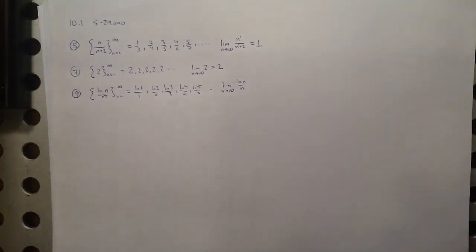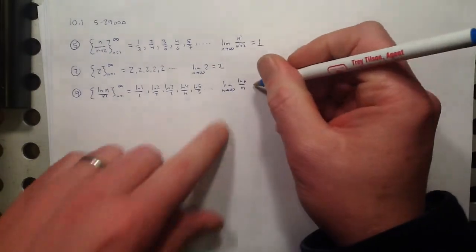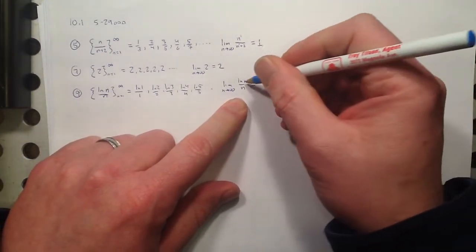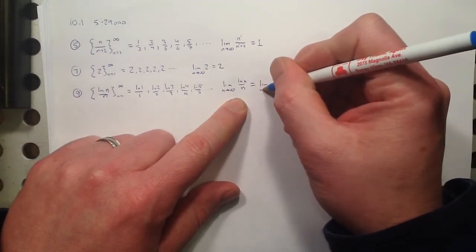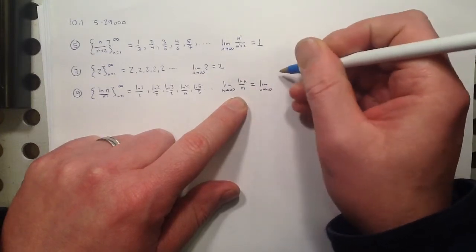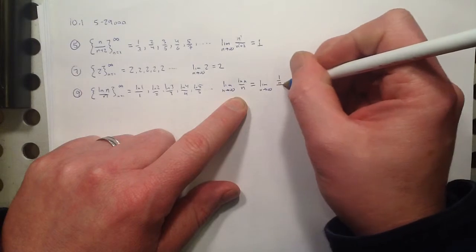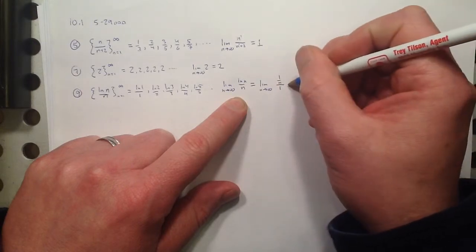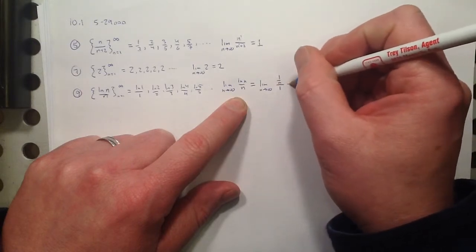So how do we do that? Well, if I just plug in infinity, it's infinity over infinity, so that's not helpful. But it is an indeterminate form, so I can use L'Hopital's rule. So that's equal to the limit as n approaches infinity. Don't be lazy now. Please write this out. Derivative of the top, 1 over n, over the derivative of the bottom, and that's just 1 over n.